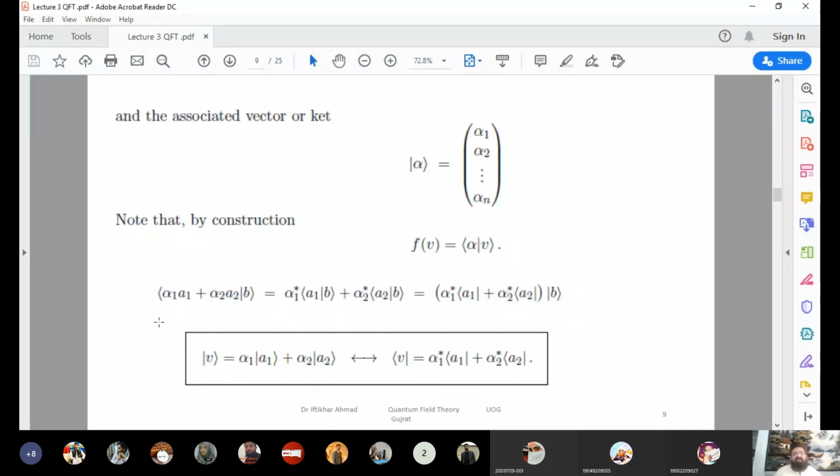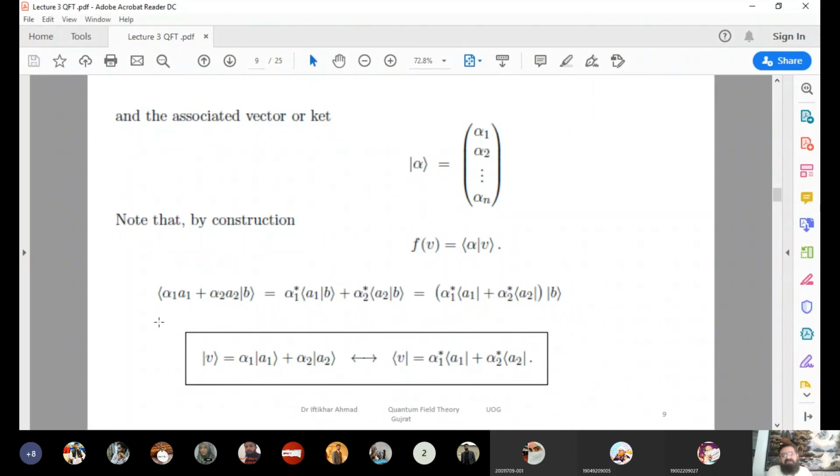So the next one is, if we are taking alpha 1 a1 plus alpha 2 a2, it means that we have a sum of elements taking inner product with vector b. Okay, if we are taking the inner product with vector b, then you can write it as alpha 1 star outside, then you put the inner product a1 b, plus alpha 2 star outside, and then you put a2 b. This is another rule of addition.